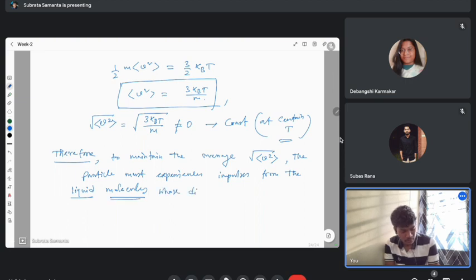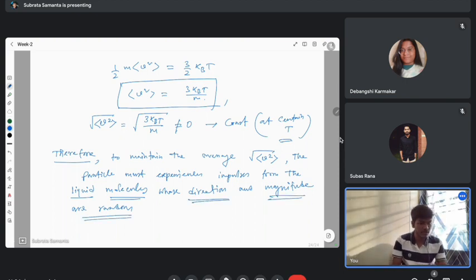So there is no specific direction and no specific magnitude. It's some kind of random fluctuation.